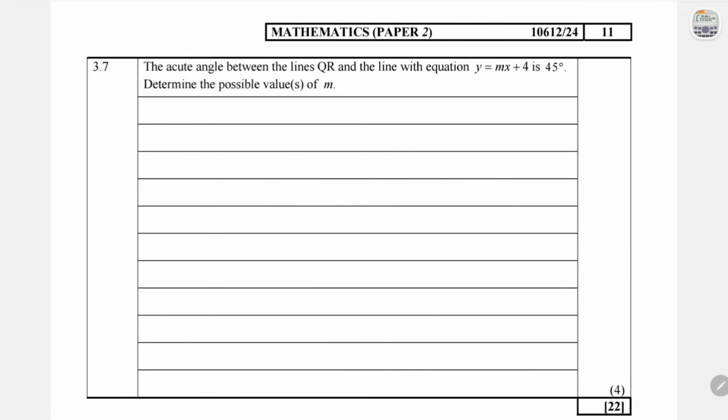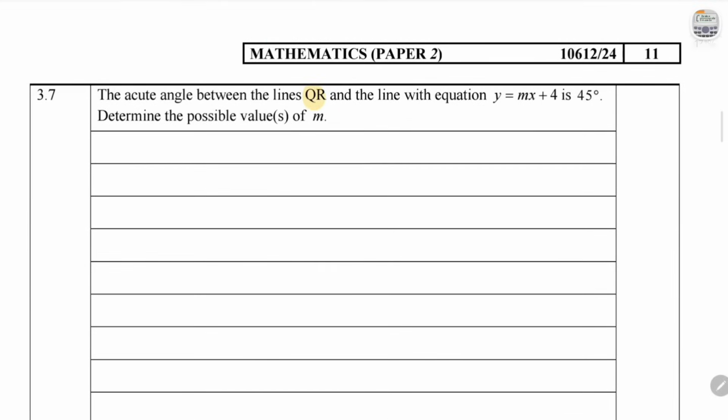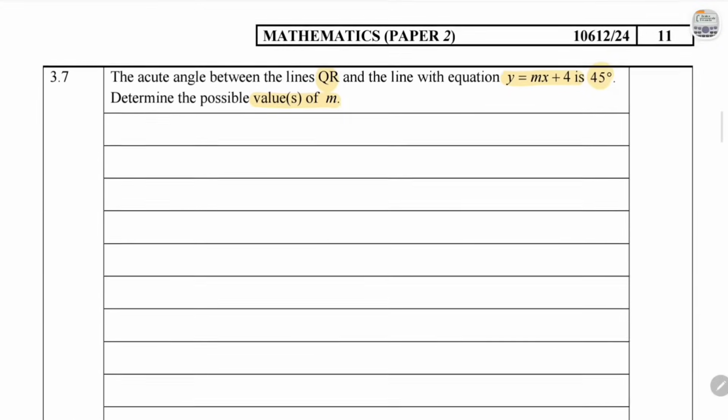Question 3.7 says, the acute angle between lines QR and the line with the equation y equals mx plus 4 is 45 degrees. Determine the possible values of m. Okay, so the possible value or values of m.